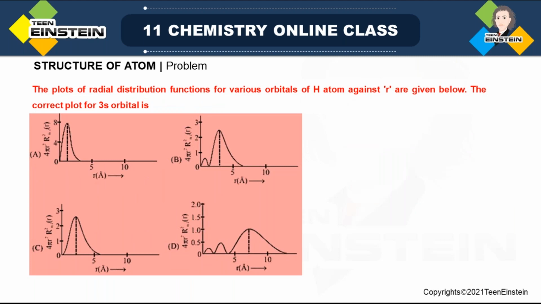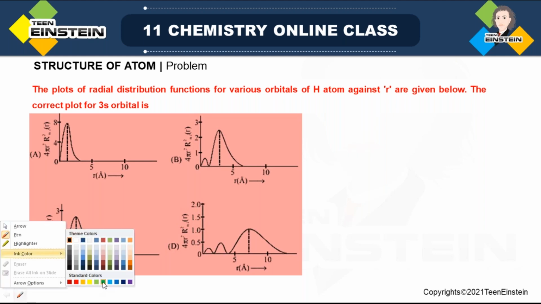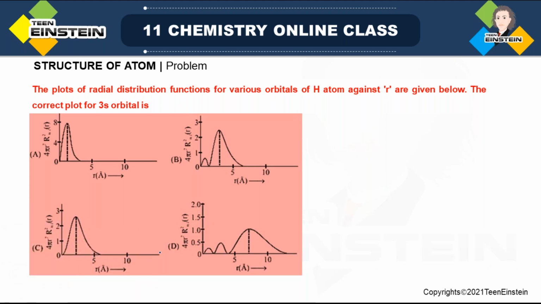One more problem. The plots for radial distribution function for various orbitals of hydrogen atom against R. Now all these 4 plots, you can see this 4 pi R square, that is multiplied with R square.